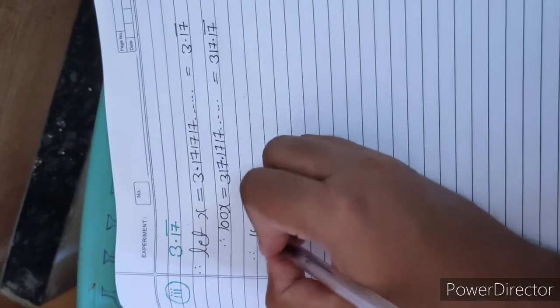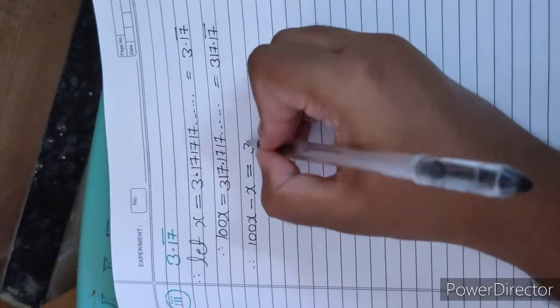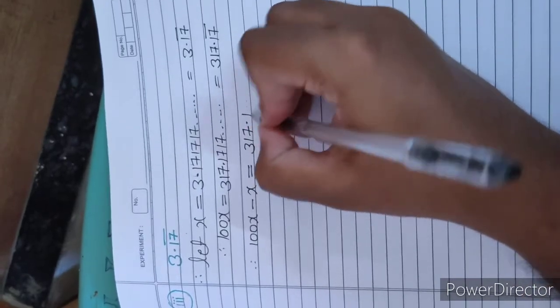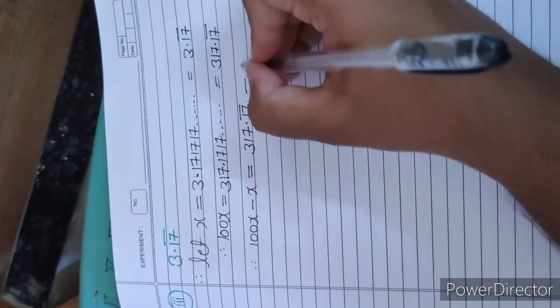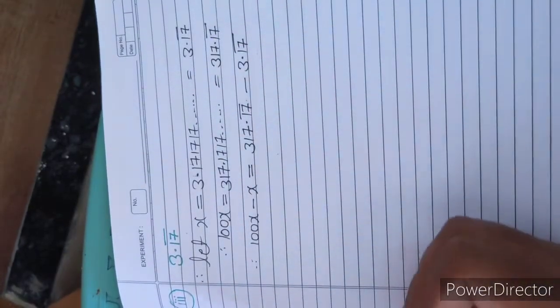Now, as we did in the first question, we will subtract x from 100x. So here 100x minus x is equal to 317.17 bar minus 3.17 bar.